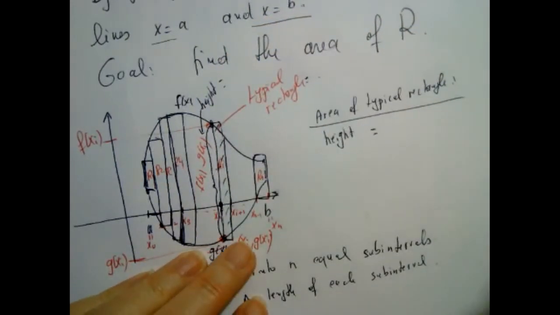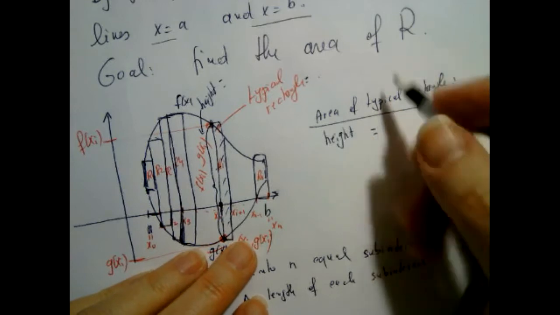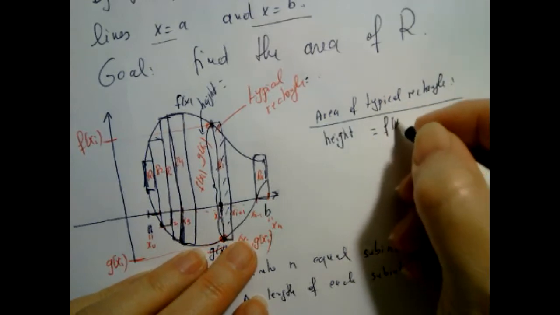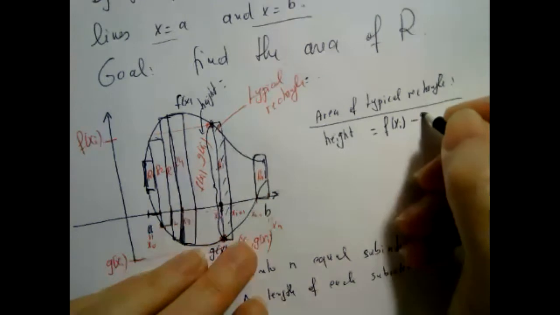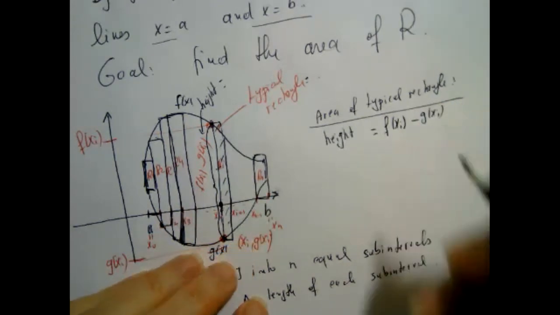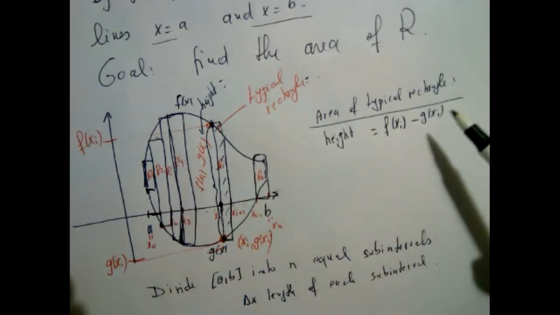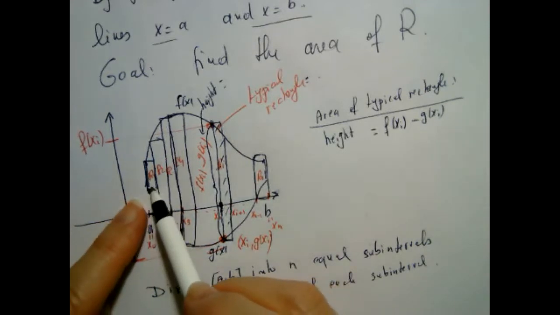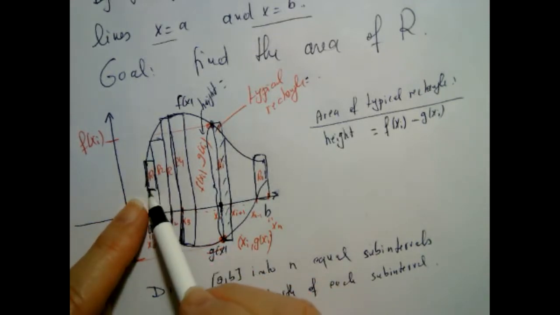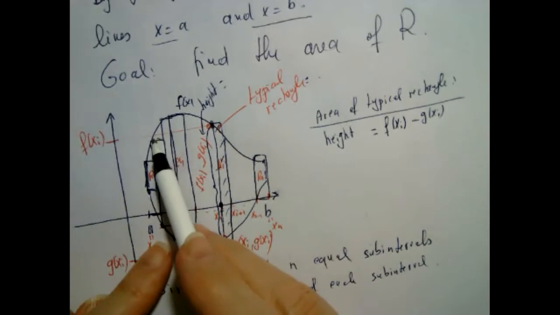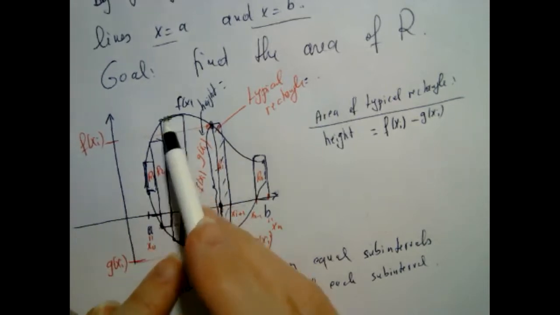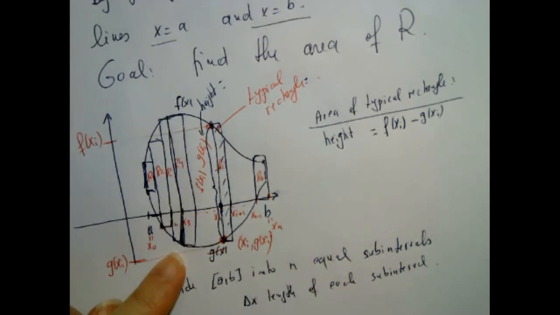So the height is the value of the function at xi minus g of xi. Typical means that if I take the first one, it is f of x0 minus g of x0. The second, f of x1 minus g of x1. f of x2 minus g of x2. So instead of doing everyone by itself, I focus on the typical rectangle and I find its height.